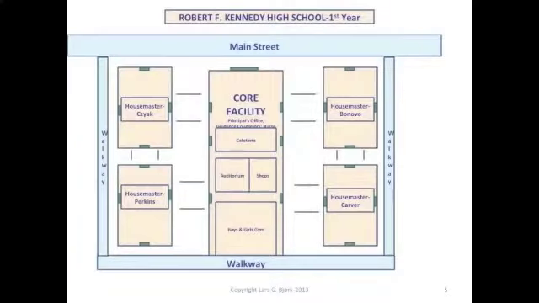The next slide provides a site plan for the school. You should note that the school has an open plan and students move freely under covered walkways. Each house has its own building with an administrative core at the center. During the first year of operation, access to the school buildings was very easy.